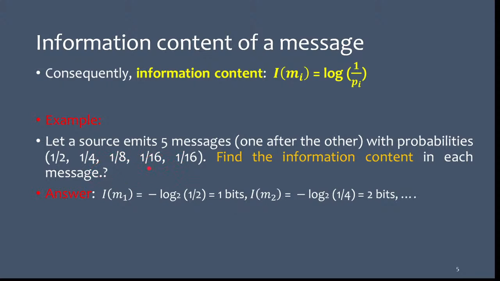The information content of all these messages. That's what we have seen in the discussion to arrive at this equation. So if the total information due to these 5 events is asked, then you need to find the information content of all of these individually and then add them together. That gives the total information content.